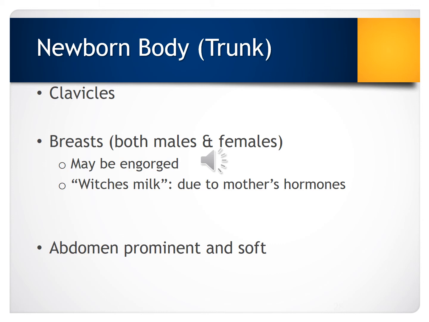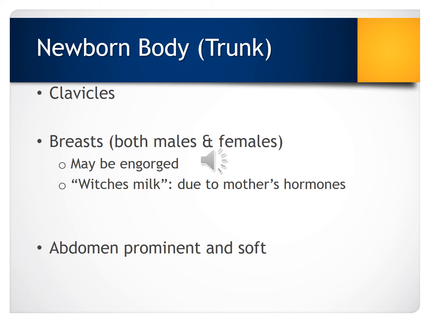And again, knowing the history of the intrapartum period, was there a shoulder dystocia? If there was, then we especially want to pay close attention to the clavicles. How are the arms? Does one arm seem longer than the other one? Is one arm flexed and the other one remains extended?